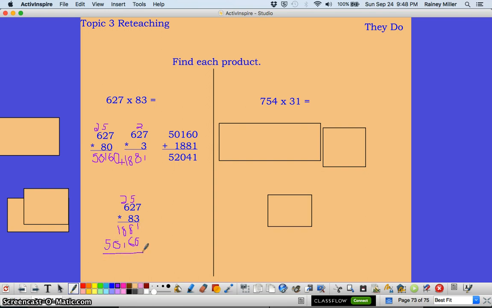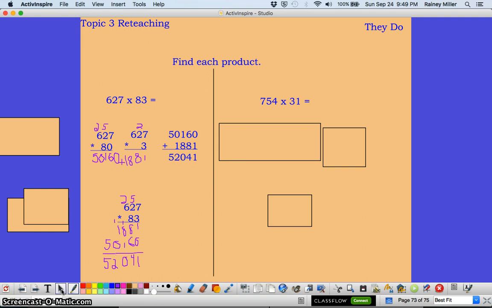So I add those up. 1 plus 0 is 1. 8 plus 6 is going to be 14. And I put my 1 up here. That's going to be 2. And my 5 doesn't have anything to add to it, so it'll stay 5. And if you look, it's the exact same answer.